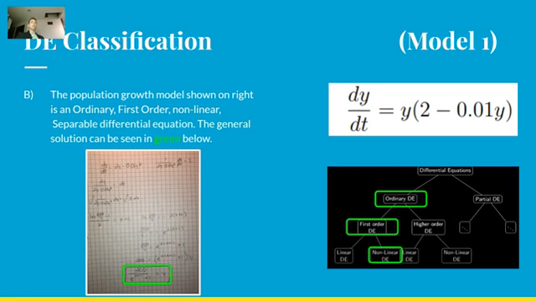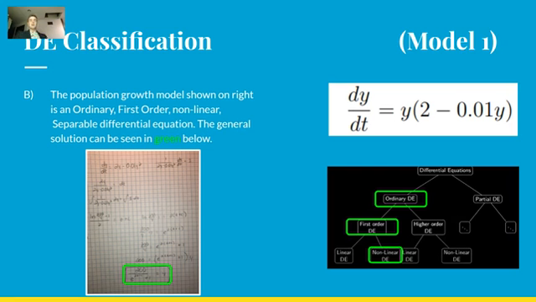In order to solve this differential equation, we will notice that it is separable. In this case, we will integrate both sides with their respective variable. So first we need to separate this, get all the y's on the left side and all the t's on the right side.